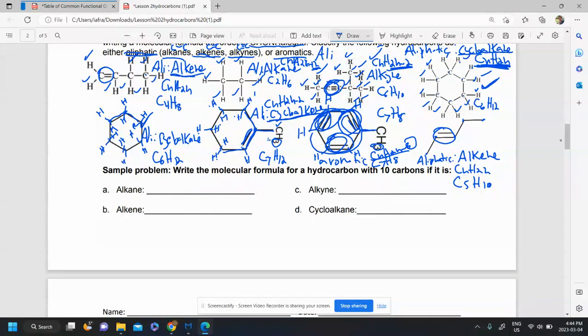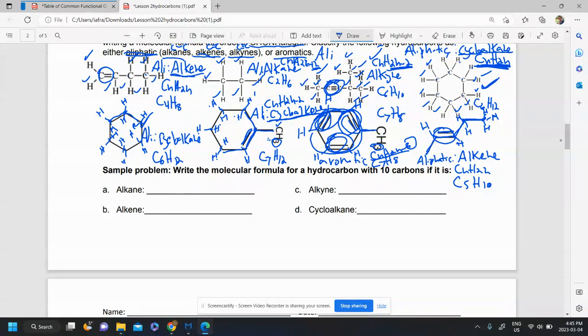So each carbon has to have 4 things bonded to it. If you don't see something bonded to it, it must be H's. So this carbon here has the 1 carbon over here, so that's 1. So it must have 3 H's connected to it. This one here has this and that. That's 2 things, so it must have 2 H's bonded to it. This one here is 1, 2, 3, so it must have 1 H. This one here has 1, 2, 3, so 1 H as well.